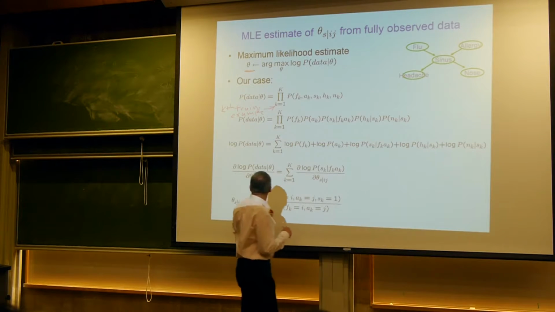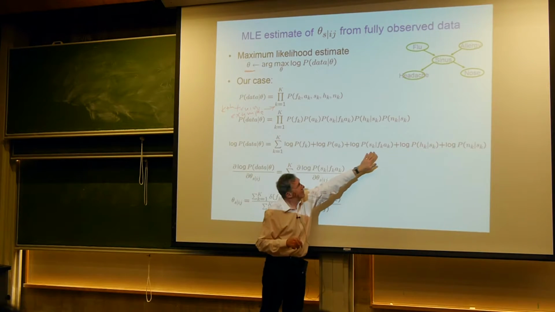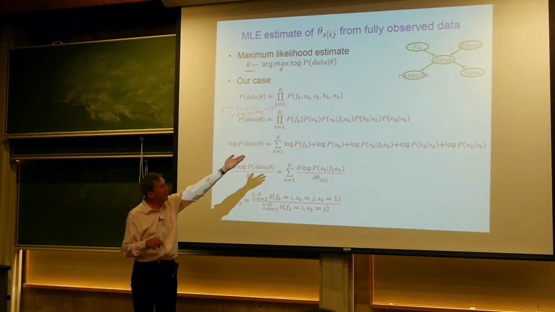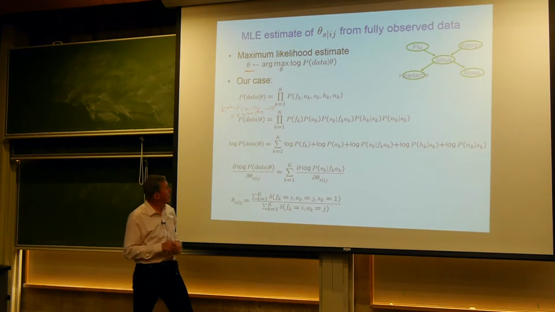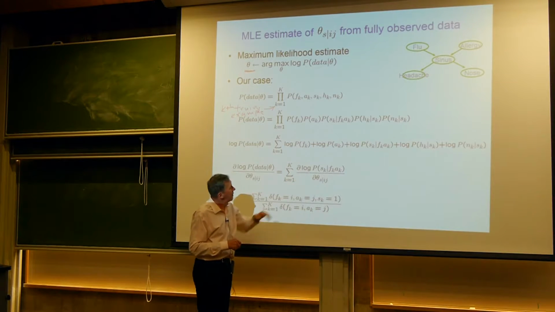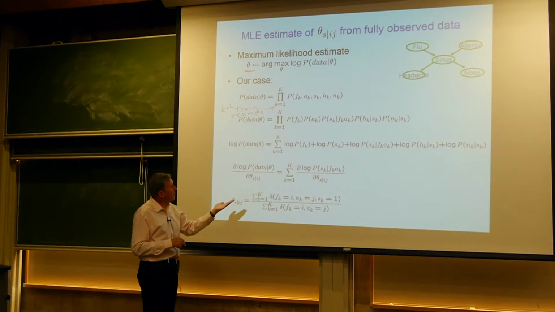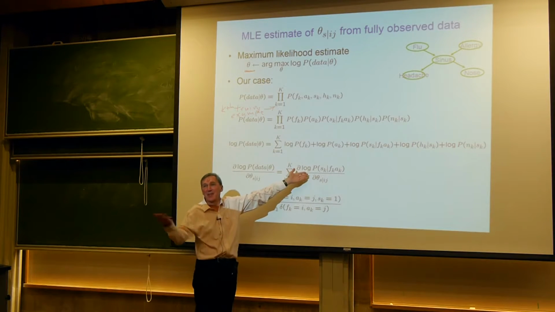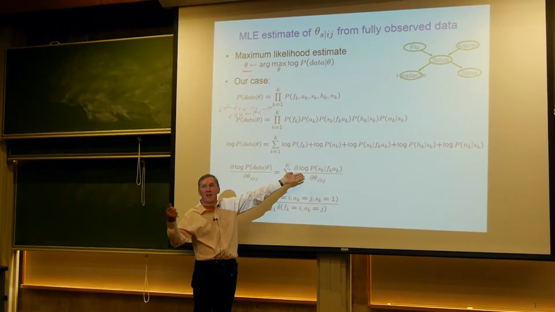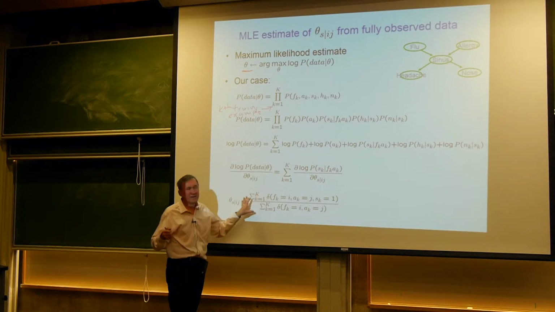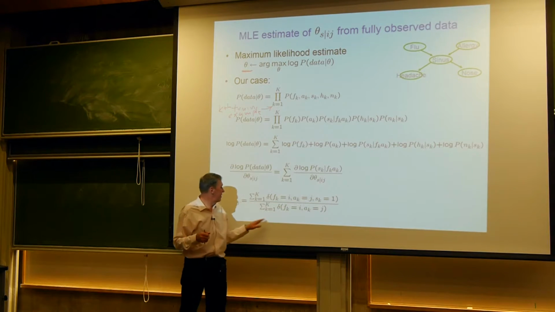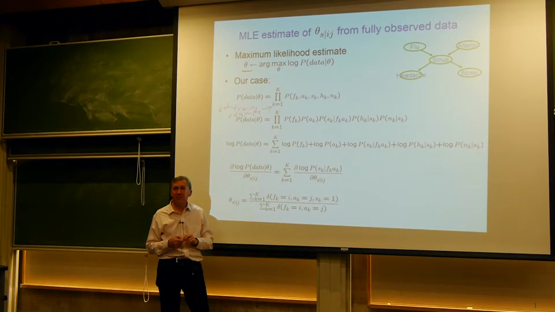And the only one that's not is this one, because that's the one that this parameter happens to be associated with. And so all those zero out, and I'm left only with this one, which is here. And now, again, this reduces to our maximum likelihood derivation for the coin flip, which gives us this fraction of cases where S happens to also be 1, given the thing we're conditioning on.